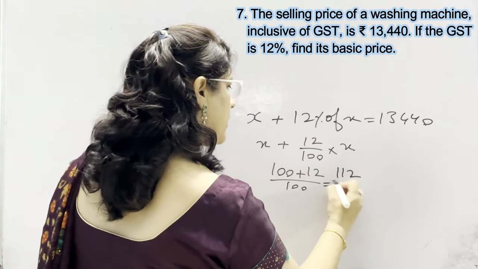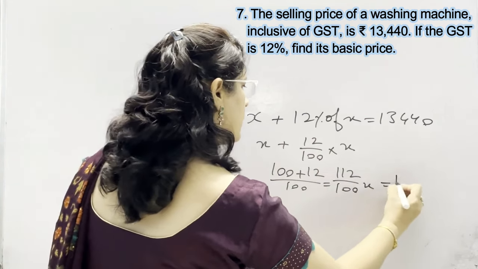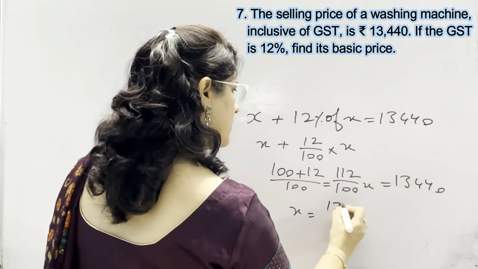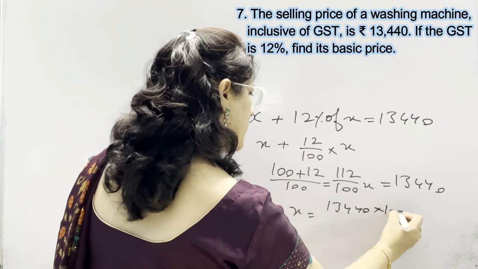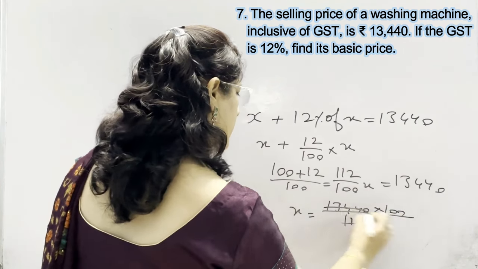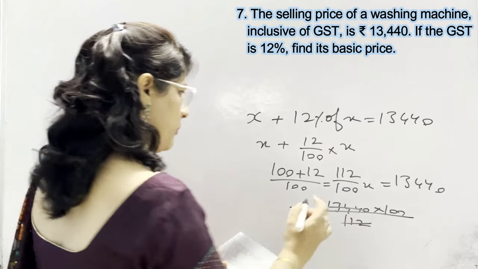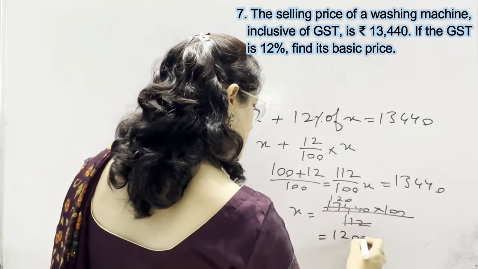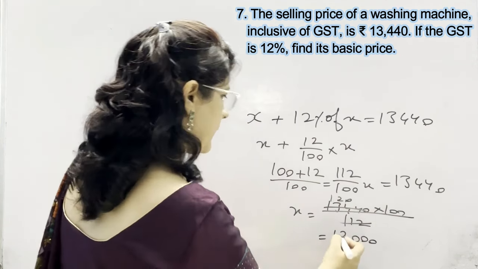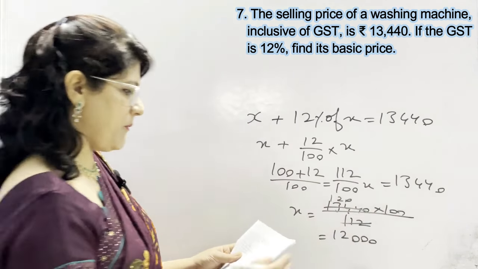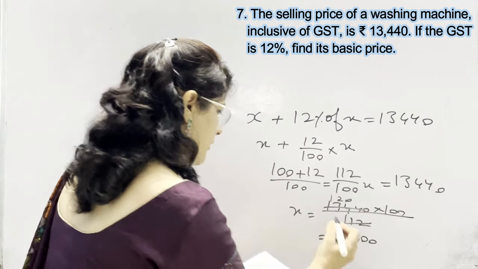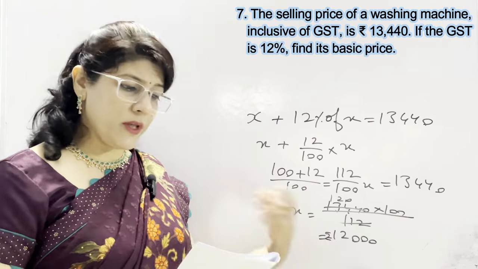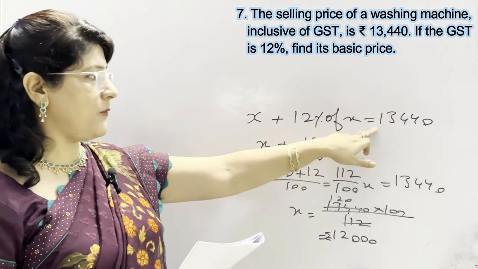It means 112 upon 100 x is equal to 13440. So value of X is 13440 into 100 divided by 112. After cutting this comes out to be 12 and 1 0. So 1 3 zeros. 12,000 rupees is the price of the washing machine, which is the basic price. Including GST, it comes out to be 13440.